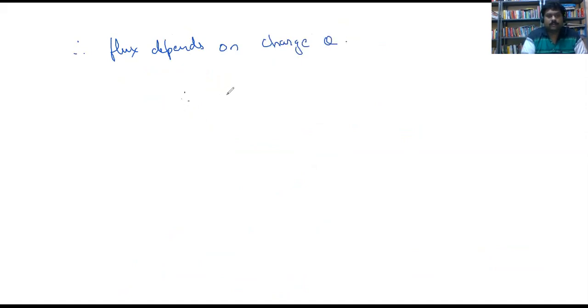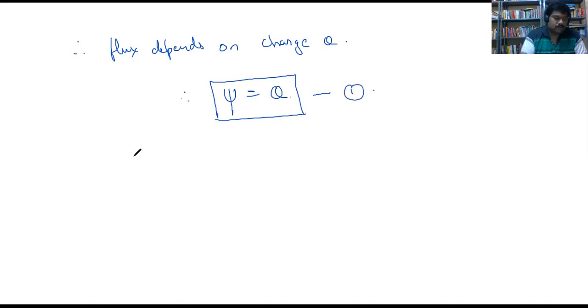Mathematically we write xi equal to the number of lines of forces is equal to the total charge present. This is the conclusion of the Faraday experiment: xi equal to Q. So the number of lines of forces is nothing but the total charge present.